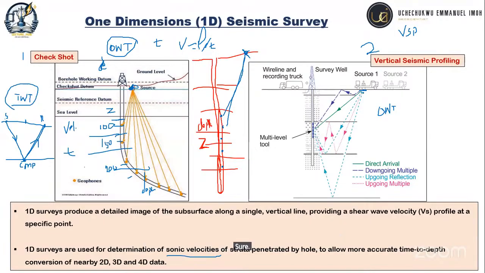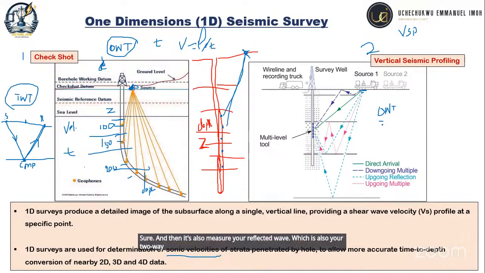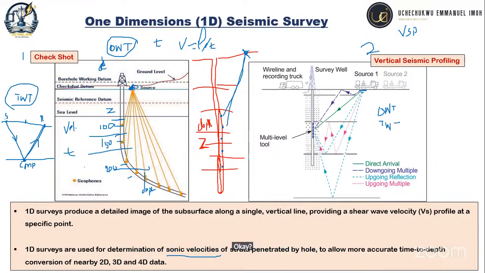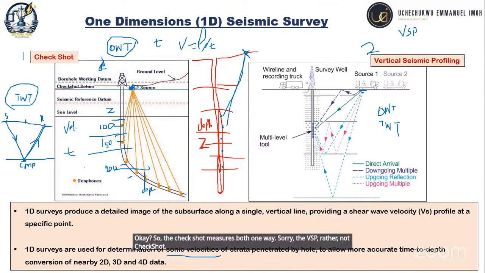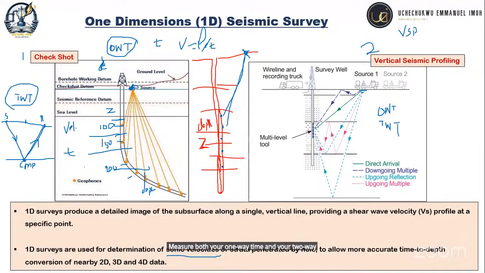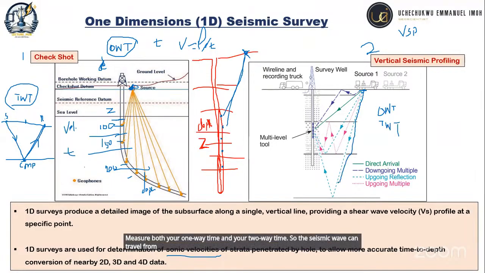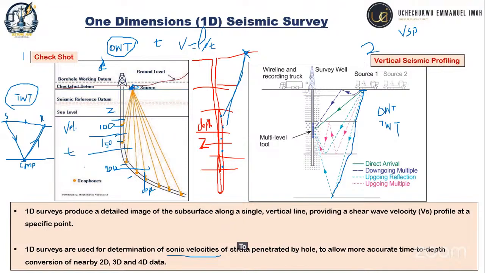And then it also measures your reflected wave, which is your two-way time, okay? So the VSP, not check shot, measures both your one-way time and your two-way time. So the seismic wave can travel from the source to a particular formation boundary and go back to your receiver points, okay? So that is it for your VSP.